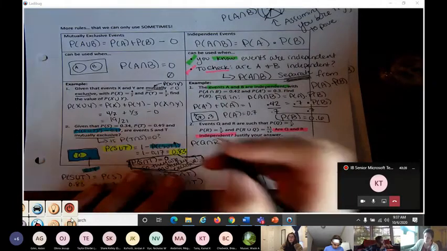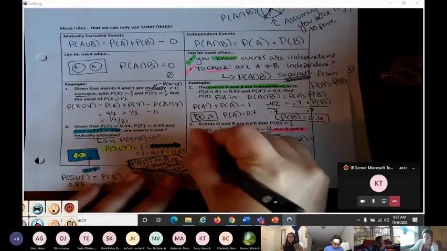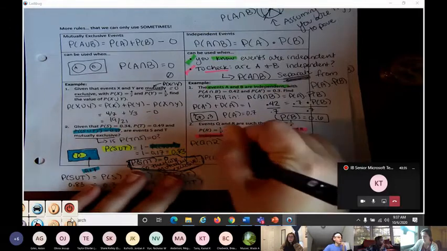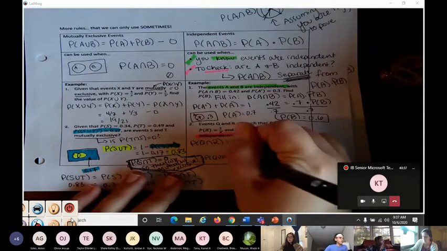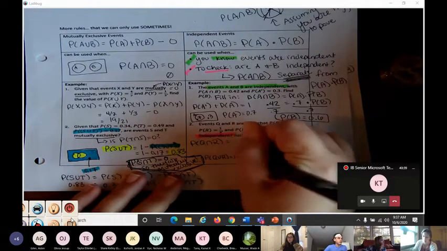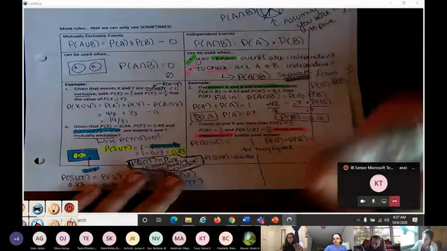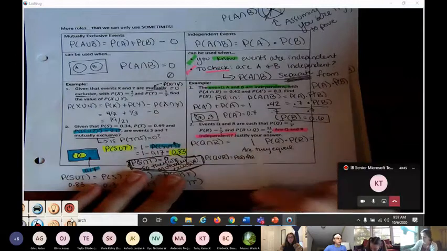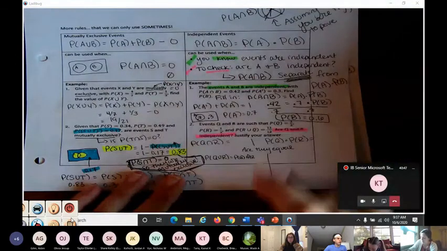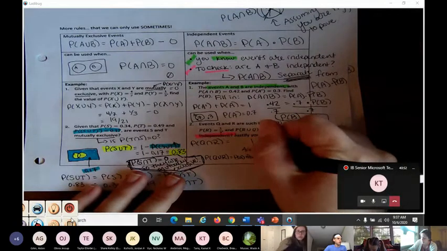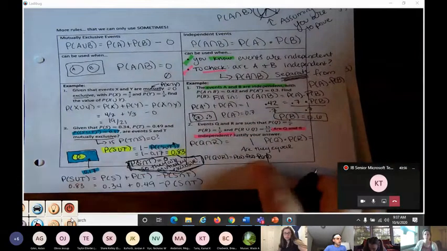So I'm going to use my formula, P of Q union R equals P of Q plus P of R minus the intersection, P of Q intersect R. And we're trying to solve for this piece right here.